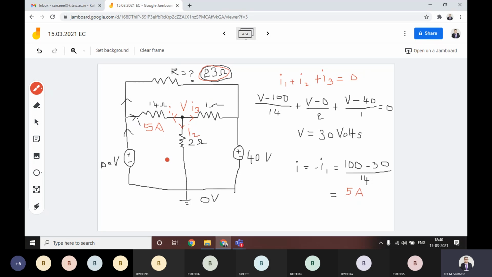Then here how much current is flowing, we can easily tell based on this. This is 5 amperes. Then what is the current flowing here?